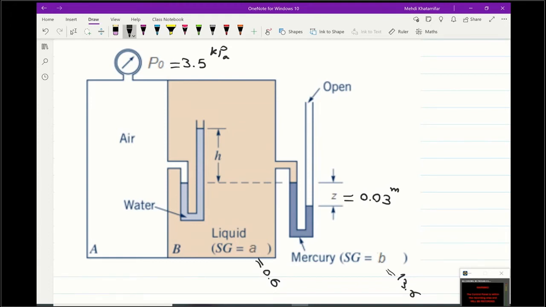What if we find H? Yeah, the only unknown is H, so we can. If you write the pressure balance after simplifying, you will have just H unknown.